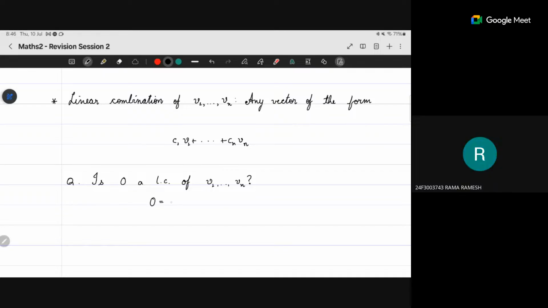We have to write zero as c1 v1 plus ... plus cn vn, and see if this equation has a solution. But this equation always has a solution. What is it? The trivial solution, ci equal to 0 for all i, is always a solution.